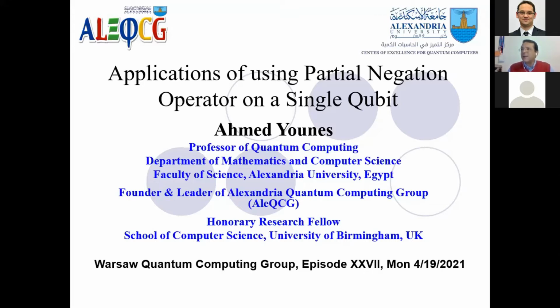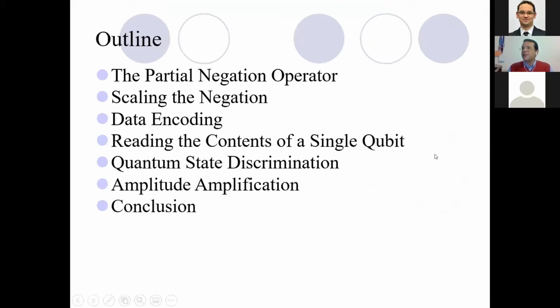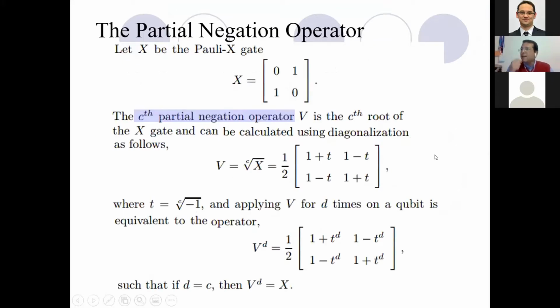It is titled Applications of Using Partial Negation Operator on a Single Qubit. Actually, the partial negation operator is a really simple, really trivial operation, which is taking the root of the usual Pauli X gate.